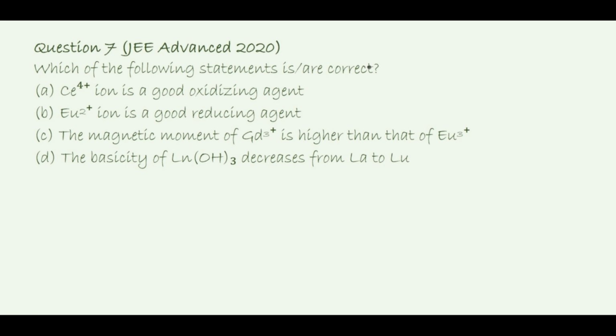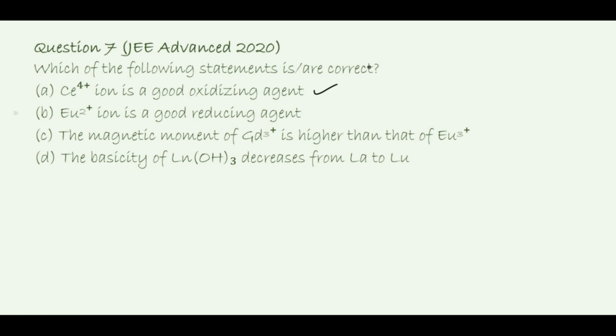The basicity of lanthanide hydroxide decreases from lanthanum to lutetium. Okay, the first one, cerium 4+ is a good oxidizing agent, because it can exhibit +2 oxidation state also, +3 and +4. It can get reduced. Okay, the first statement is true.